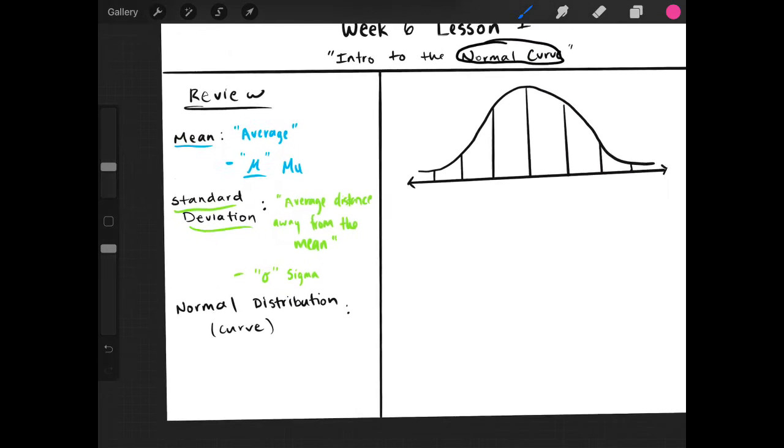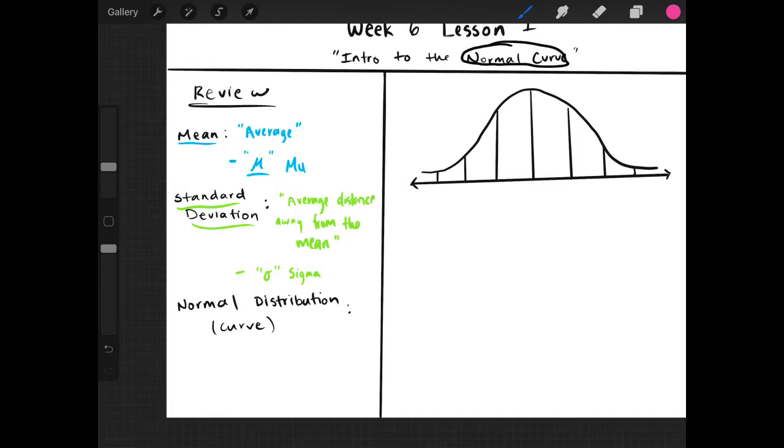It shows us the approximate percentage of data in relationship to the mean.